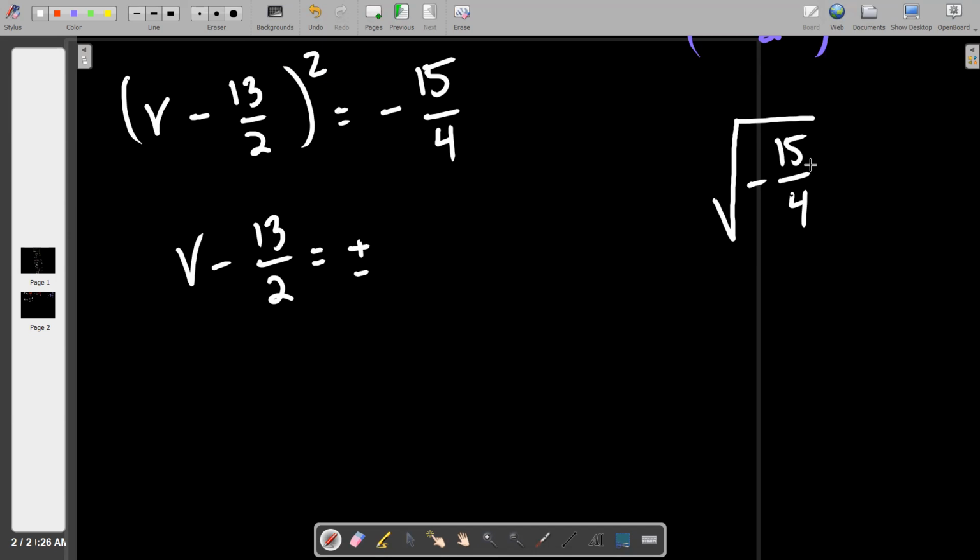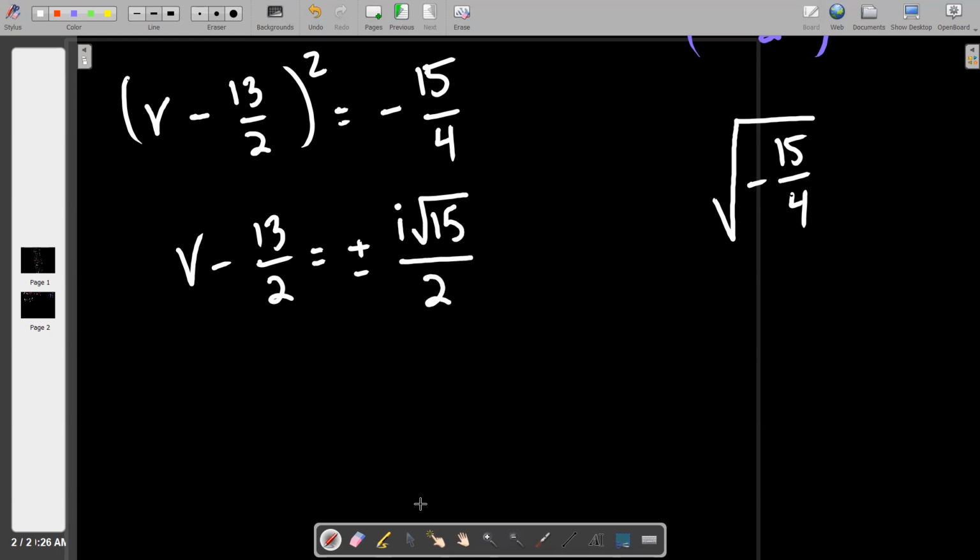Just root 15. He can't break down, so he's just going to be a root 15. And what's the 4 on the bottom going to produce? A 2. So we put all the parts and pieces in their proper places. It's going to say i root 15 over 2.